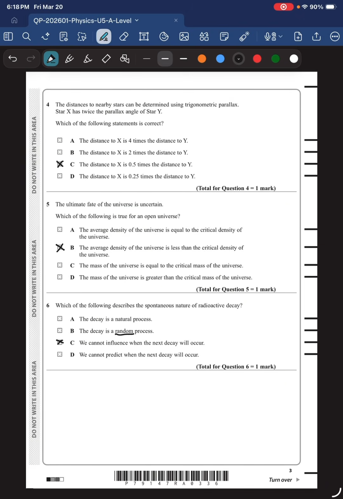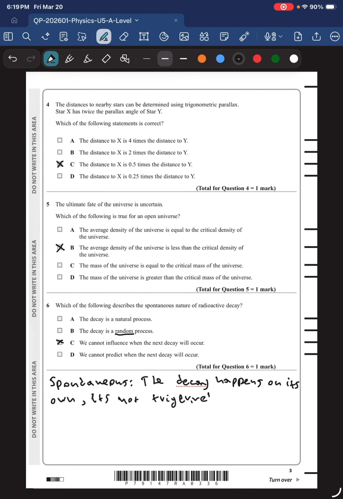So no. Okay. Shall I write it down? So spontaneous means the decay happens on its own, and it's not triggered externally.